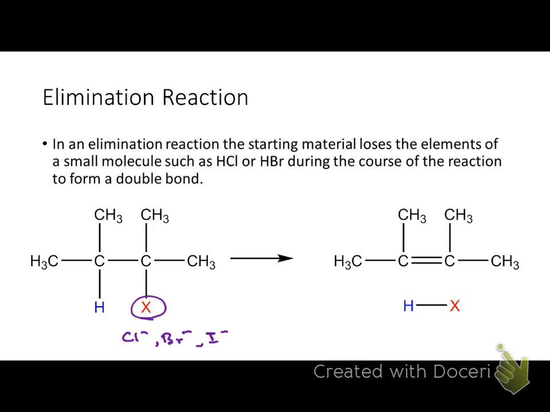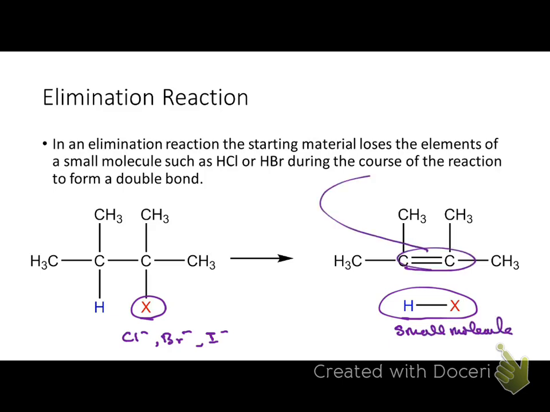But in an elimination reaction, you form a double bond and you eliminate a small molecule. It doesn't have to be an alkyl halide when you do an elimination reaction, but in this case, it'll be some sort of acid that is eliminated. So this is the small molecule, and then you get a pi bond.